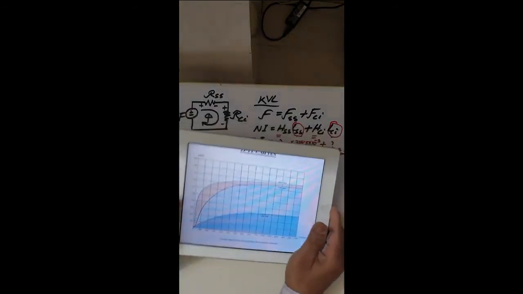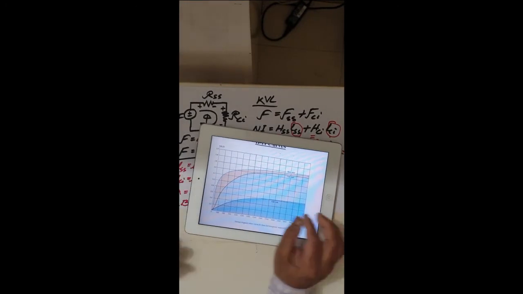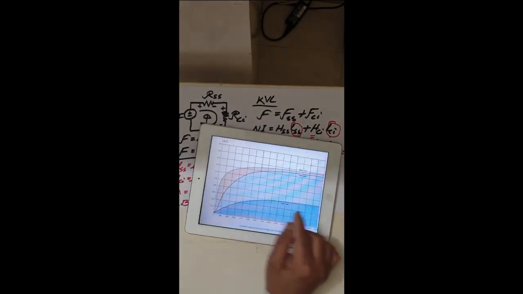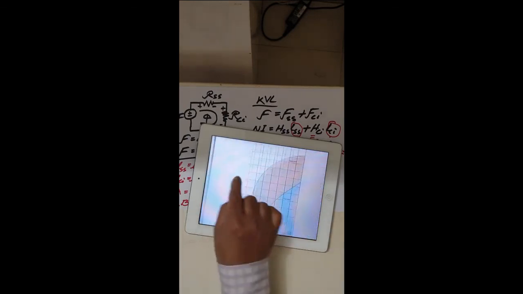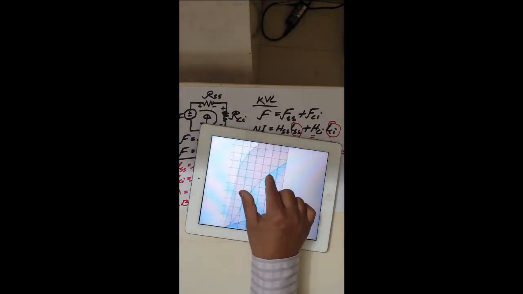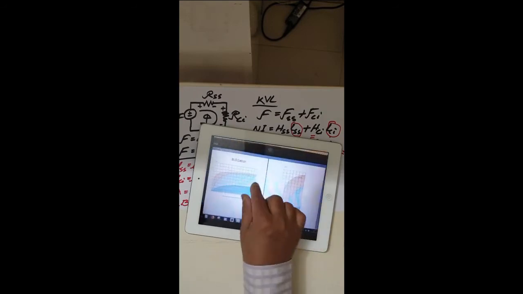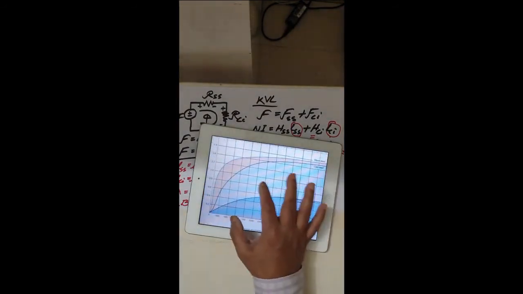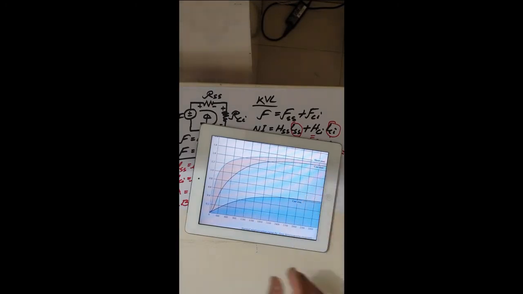If you go with this BH curve here, for steel sheet, you can go with this, and this is the steel sheet. You can see from here the steel sheet is here.